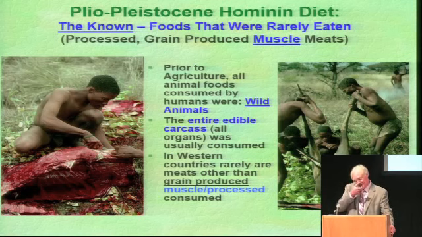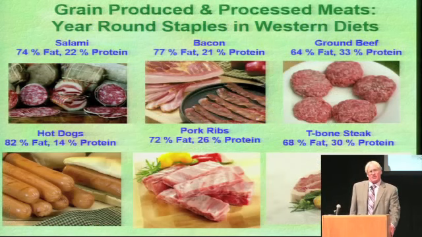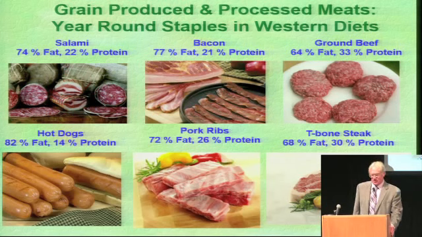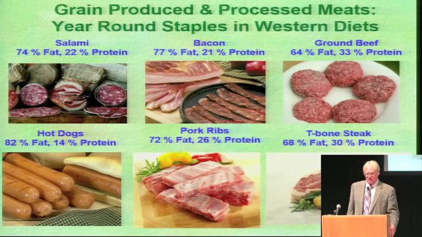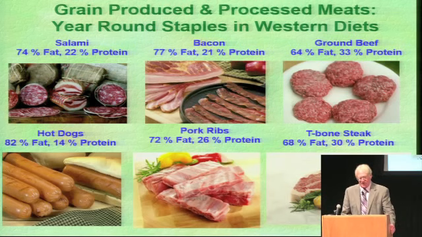When we talk about meat, that's what we eat. And most typically, it's grain-produced or processed. If we look at the fat content by energy, not by weight, of America's favorite meats, you can see they're really not meat at all. They're fat disguised as meat. Very high fat concentration, and it doesn't look anything like wild animals, and we've done those experiments.